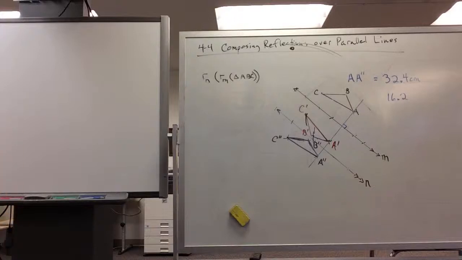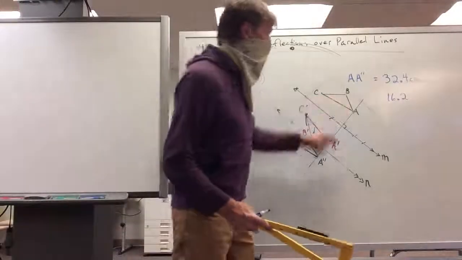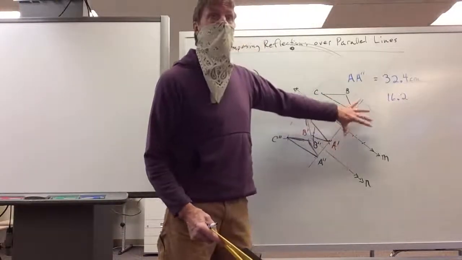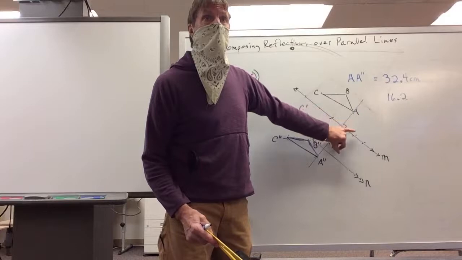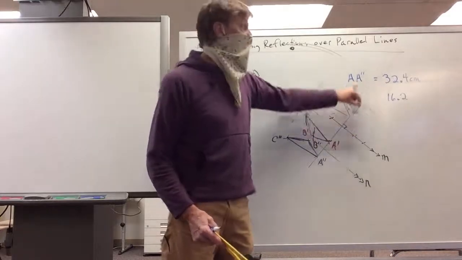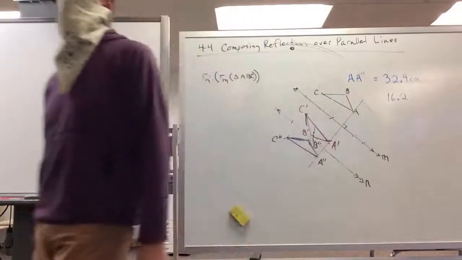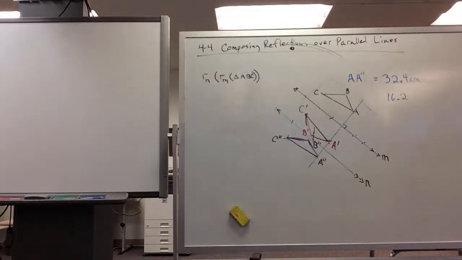So what's the relationship between the distance between the lines and how far your image moved? The distance between the lines is half of the distance that the image has moved. Are you all finding that?